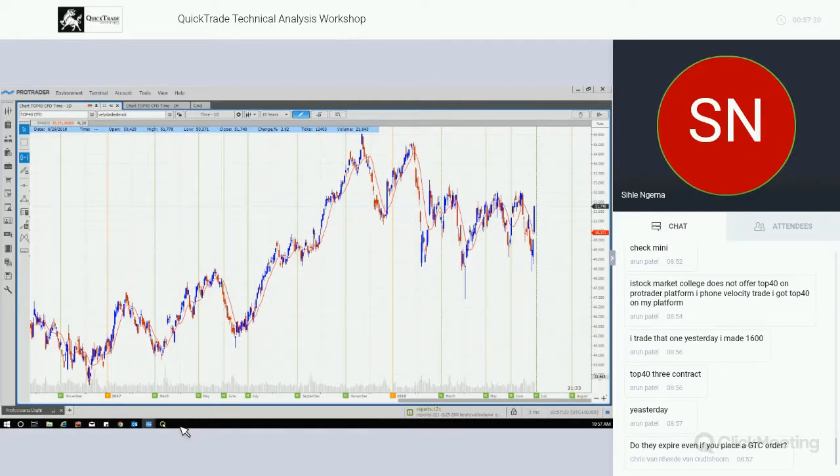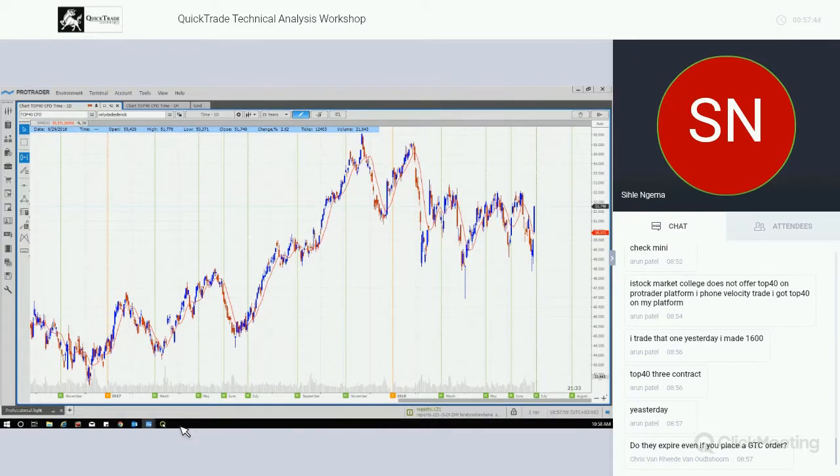GTC means good till cancelled. That's what it means, Arun. So that order is going to remain in the market for 90 calendar days, which is 3 months. When that duration comes to an end, that order would be taken out of the system.